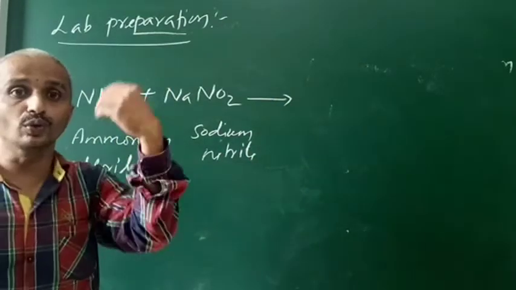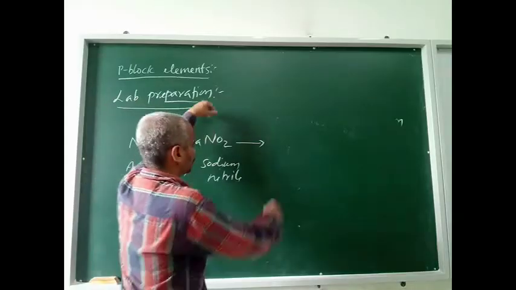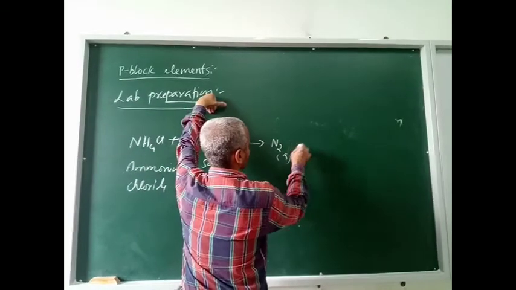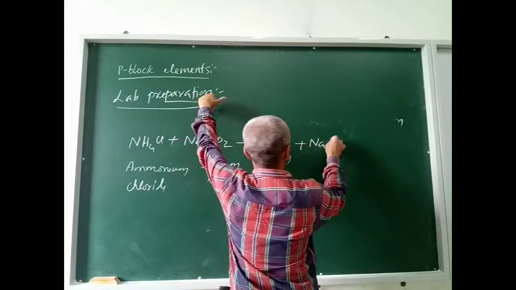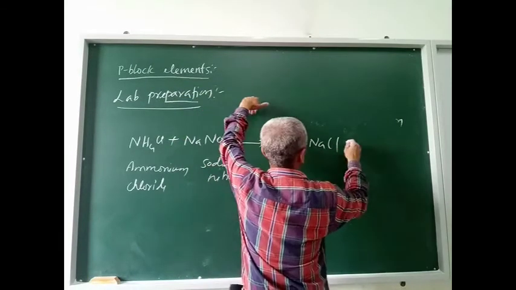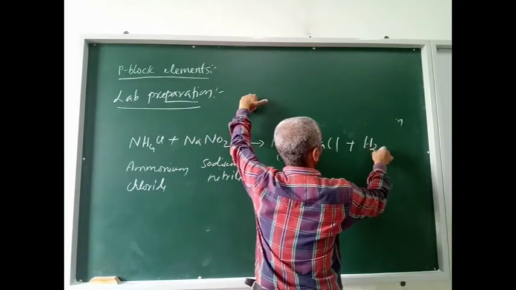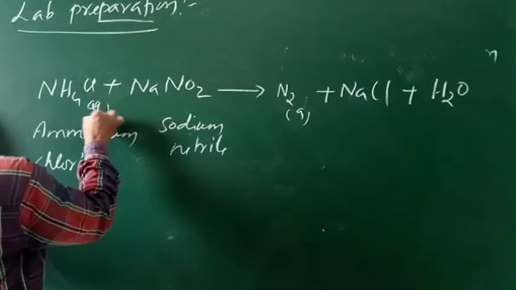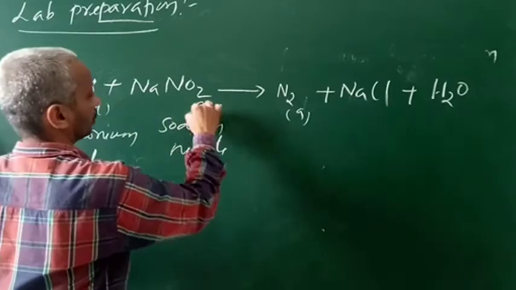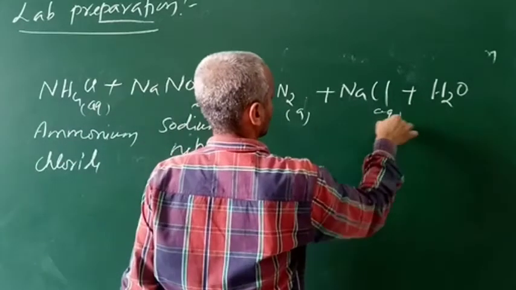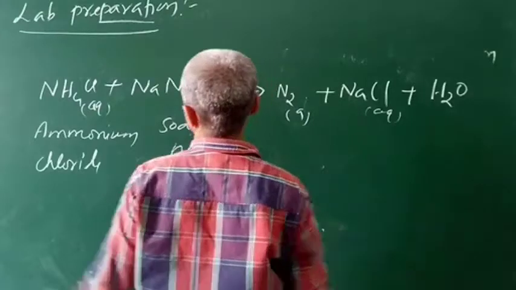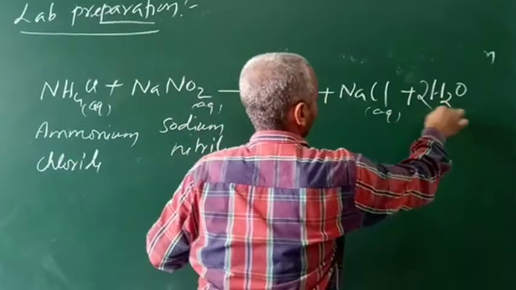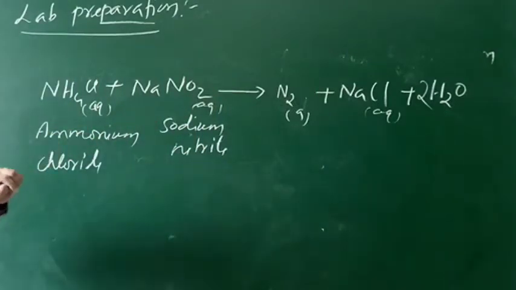Nitrate is NaNO3, this is NaNO2. It gives dinitrogen gas along with NaCl and water molecule. This is aqueous, this is aqueous, NaCl aqueous. The equation is not balanced, you have to write the balanced equations. I think the equation is balanced now.